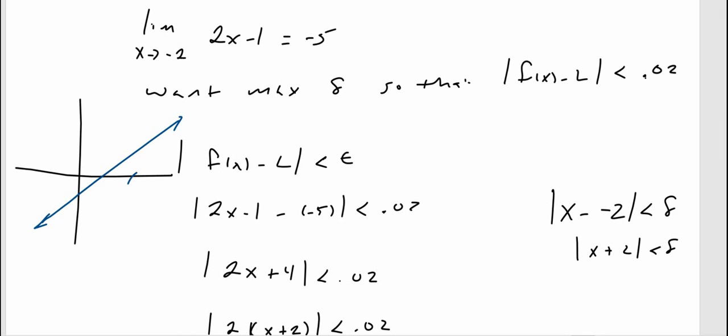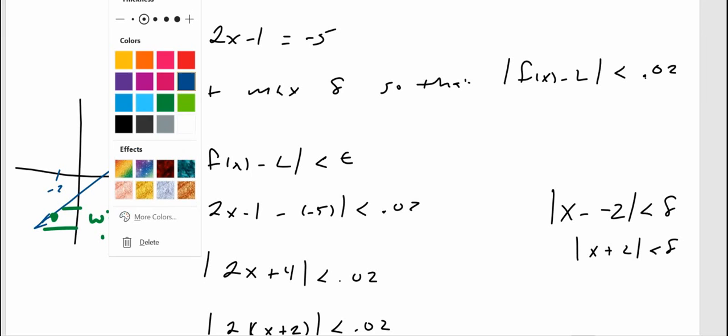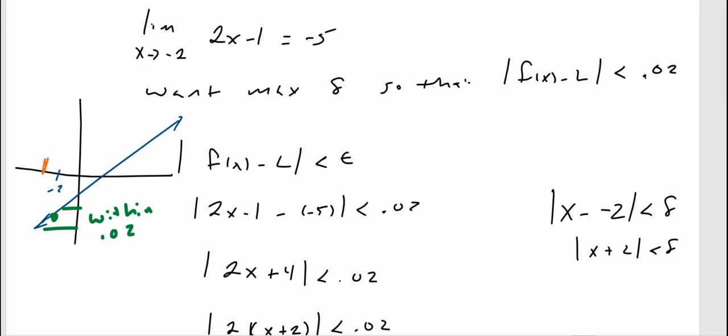Our x here at negative 2 says, whatever the limit is for this graph, if I want the y-coordinate to be within 0.02, then as long as my x-coordinate here is within 0.01, we can guarantee that that happens.